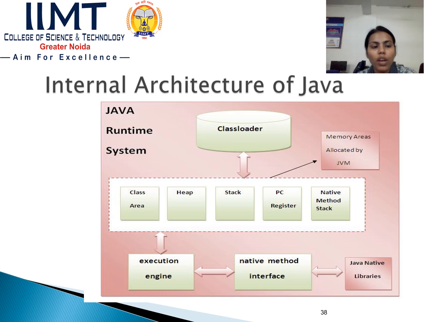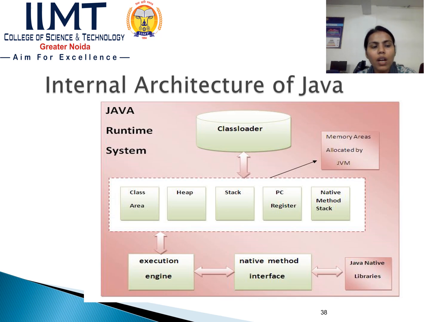Java stack stores frames. It holds local variables and partial results, and plays a part in method invocation and return. Each thread has a private JVM stack, created at the same time as the thread. A new frame is created each time a method is invoked. A frame is destroyed when its method invocation completes.